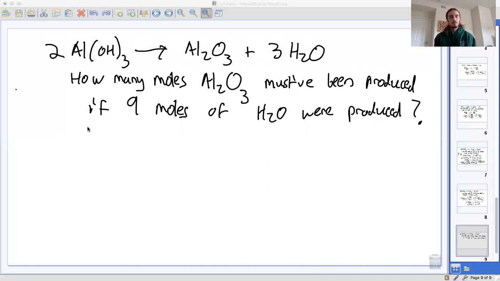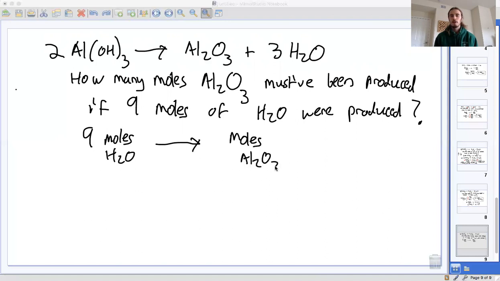Okay, so we're converting 9 moles of water, we're converting that to moles of Al2O3. And so if we think about this chemical equation as a recipe, then we can say that every time one Al2O3 is made, 3 waters are made, right?